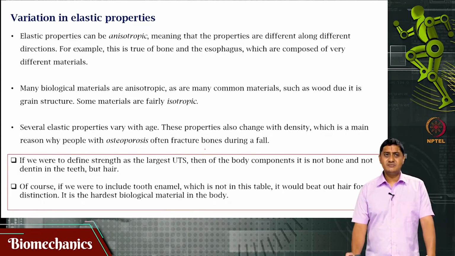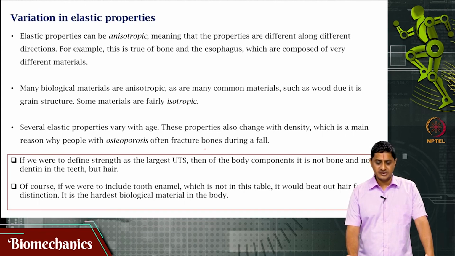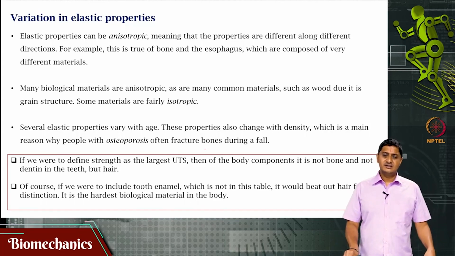As I already mentioned, there is anisotropy, that these properties are different along different directions. This is absolutely true of the bone and the esophagus, although these are composed of very different materials. Esophagus is mostly an elastomer, bone is bone. It is composed of both organic and inorganic materials.